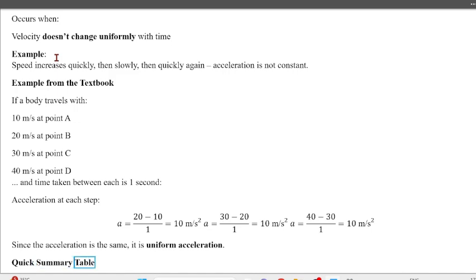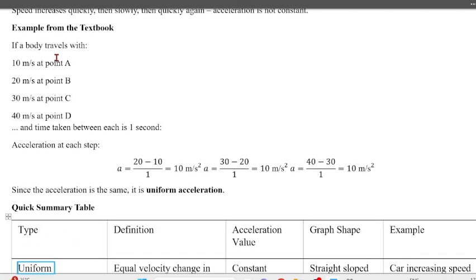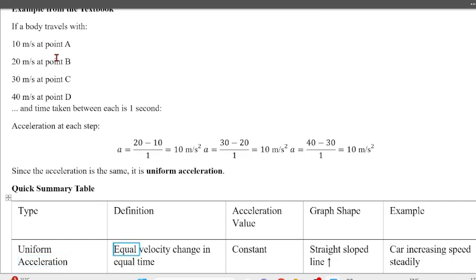Quick summary table: type, definition, acceleration value, graph shape, example. Uniform acceleration: equal velocity change in equal time, constant acceleration, straight sloped line, car increasing speed steadily.